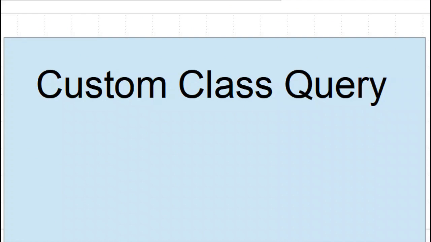Our next chapter is the custom class query. It presents all the details, and you have control over everything that you want to display in your resulting row.